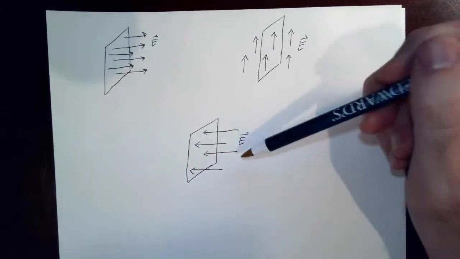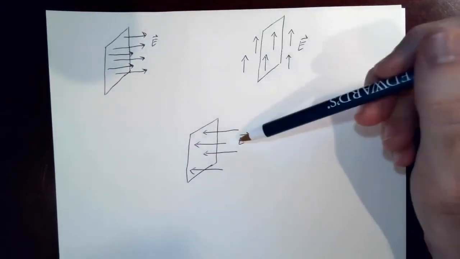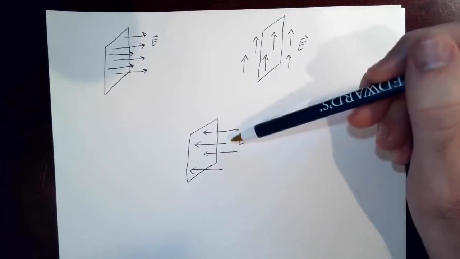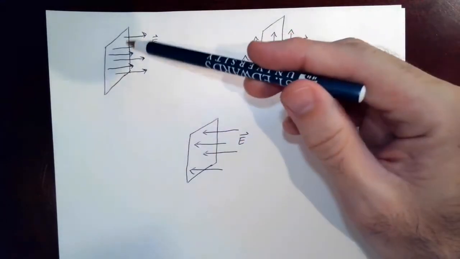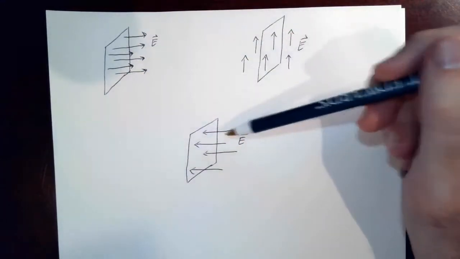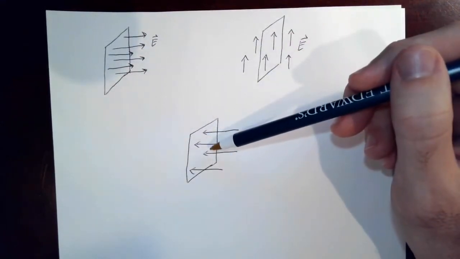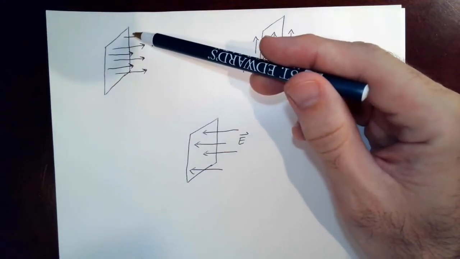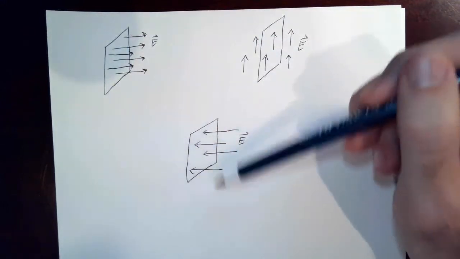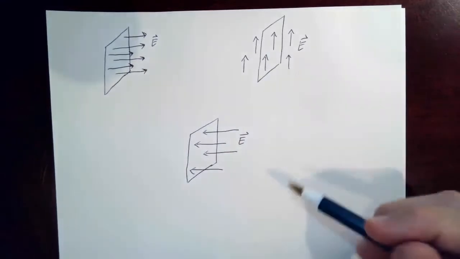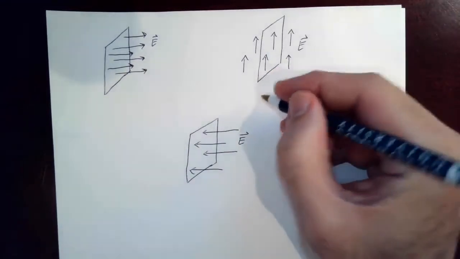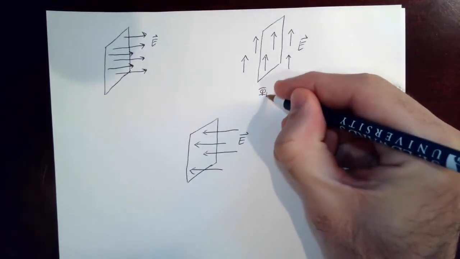And then my third example is the same as my first one, except that I've reversed the electric field direction. So if we're talking about how much electric field is going through this surface, it would make sense to have these have opposite signs. So this would be maybe positive flux, and this would be negative flux. Okay, so here we expect the flux to be 0.